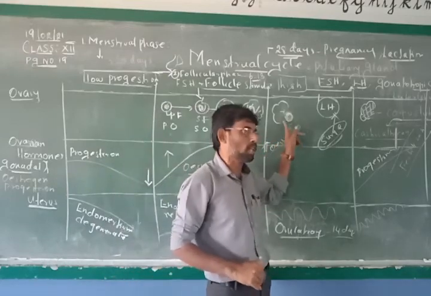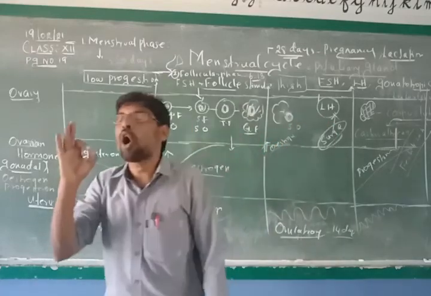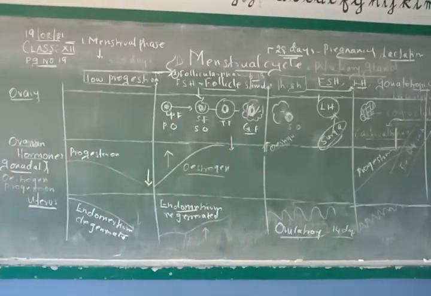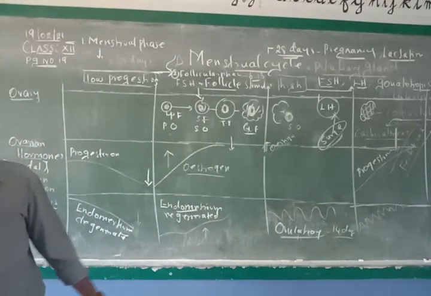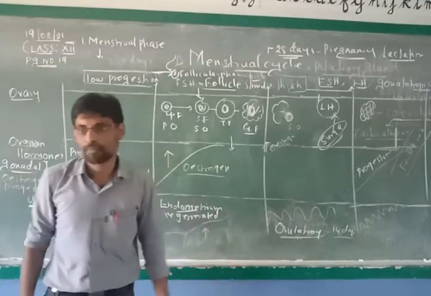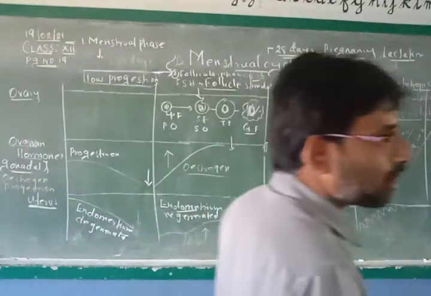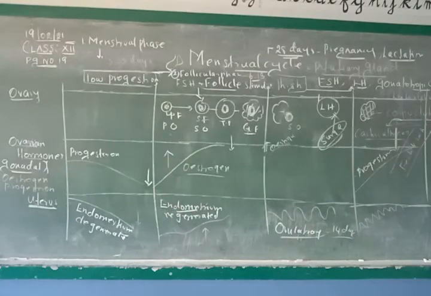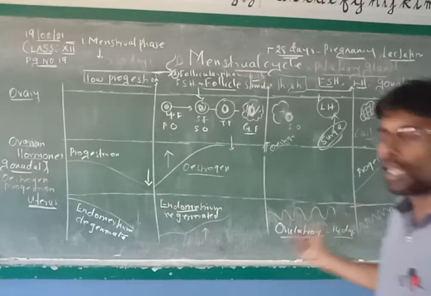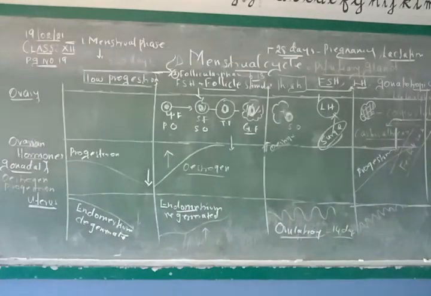Who is responsible for rupturing? LH. Which hormone influences ovulation? That is the question. The LH hormone is responsible for ovulation. Ovulation is done by a hormone called LH. Very good.